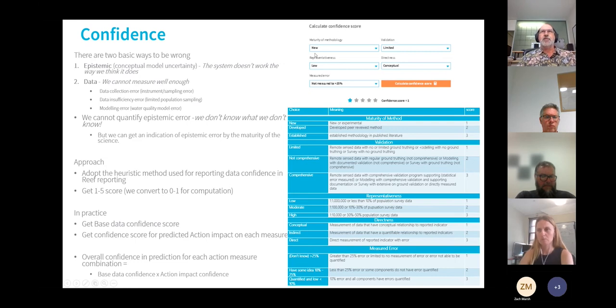So this is a screenshot out of Reefonomics where we do the little survey, come up with a confidence score, and these are the underlying texts that describe each of those different sort of sub questions ultimately that we get out of this. And I like it. It's a robust method. It's got a currency. It's been around for a while. So like anything we're doing here, let's not invent anything if we can avoid it. So that's what we're proposing to do around the confidence side of things.